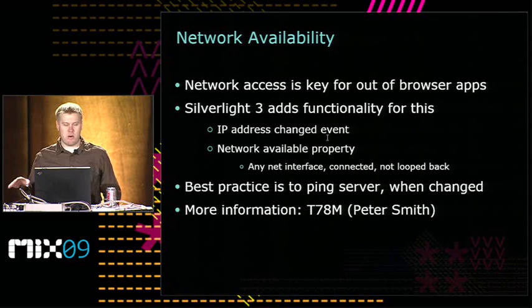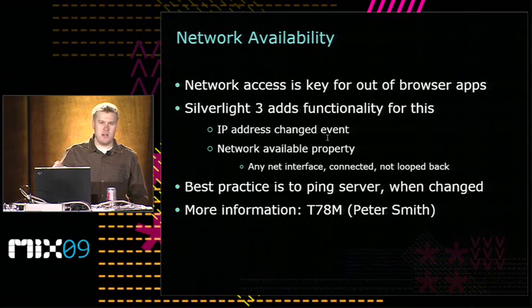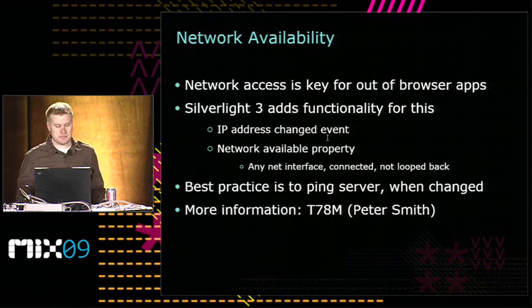So even if you have network connectivity, you still are limited to the site of origin, and your site of origin will still be wherever your original domain was. So if you came from foo.com, even if you're running outside of the browser, a network request to foo.com is still site of origin. So that's a key thing to keep in mind.